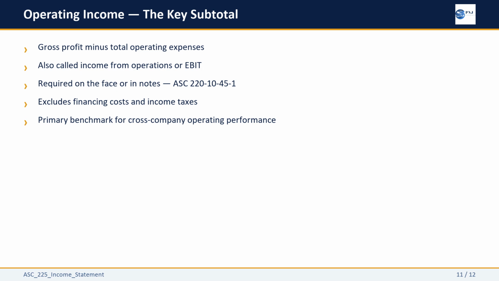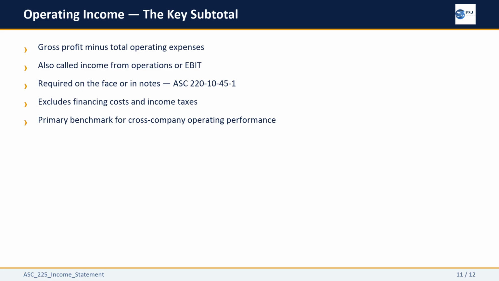Operating income is the destination we have been building toward. The formula is simple: gross profit minus total operating expenses. It is also called income from operations, or EBIT, earnings before interest and taxes. ASC 220-10-45 requires this subtotal to be presented on the face of the income statement or disclosed in the notes.